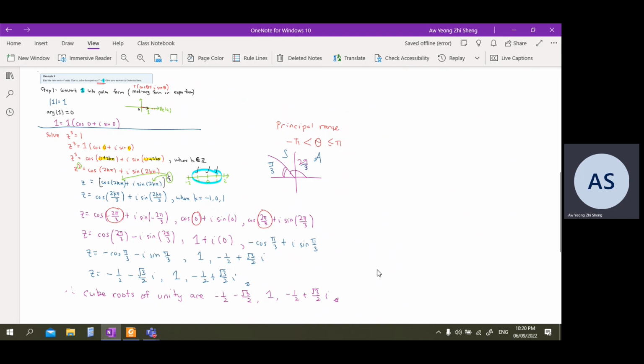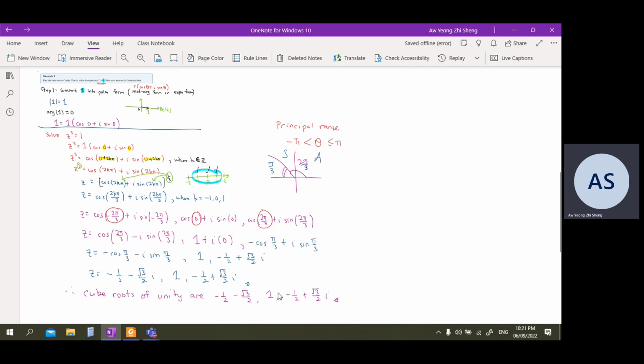So it's not a must to convert to Cartesian form to solve for square roots. Just follow this procedure here.